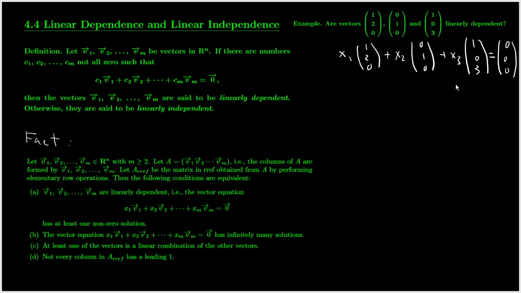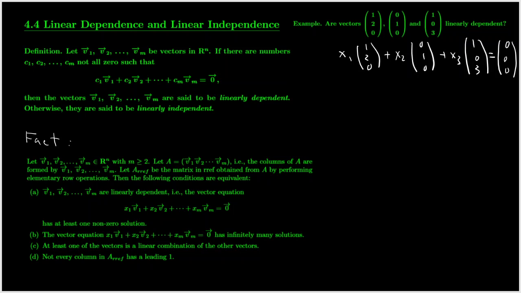To answer the question, we solve the system. If the system has a unique solution, then the given vectors are linearly independent. If the system has infinitely many solutions, then the given vectors are linearly dependent.